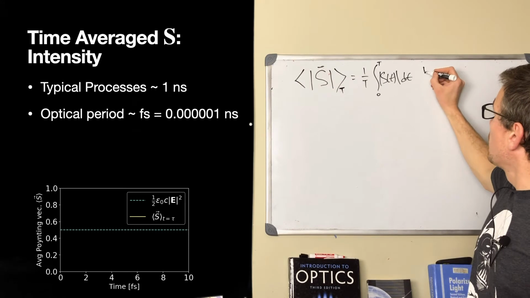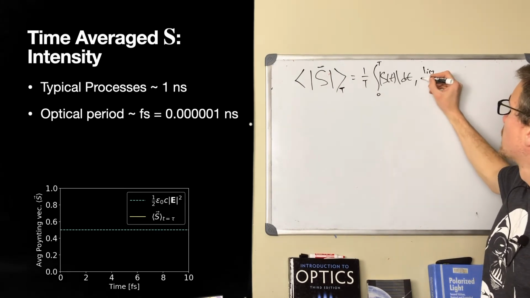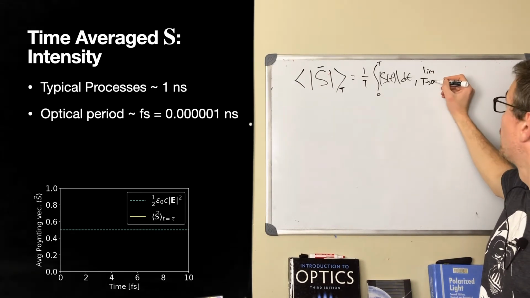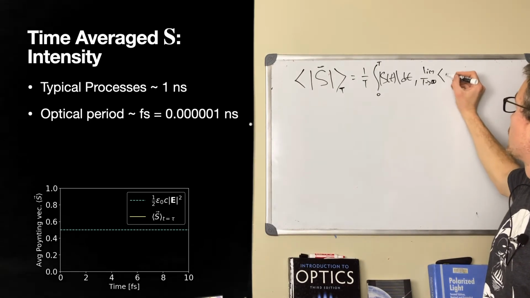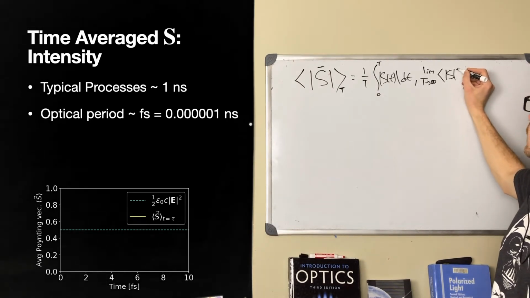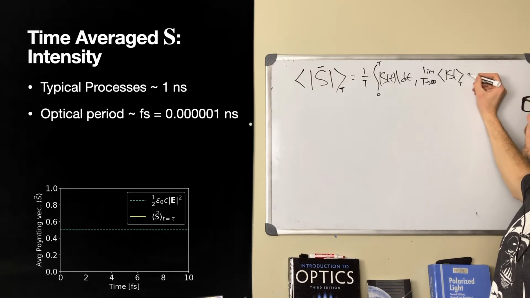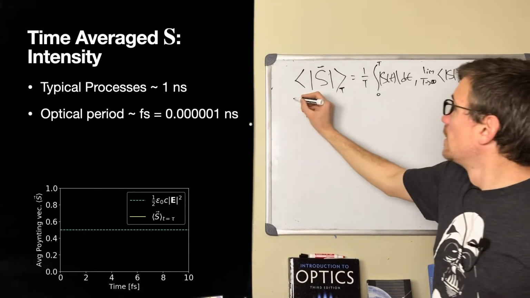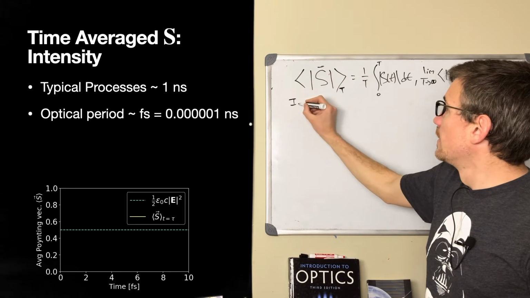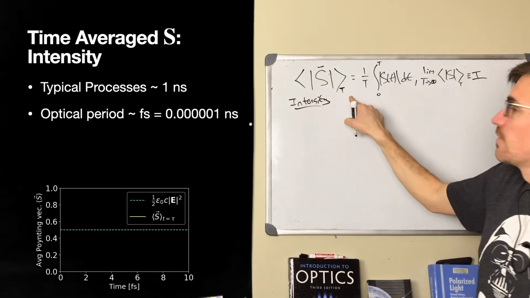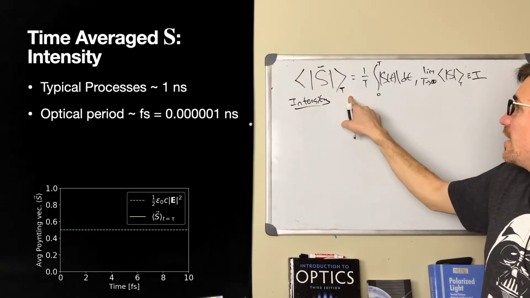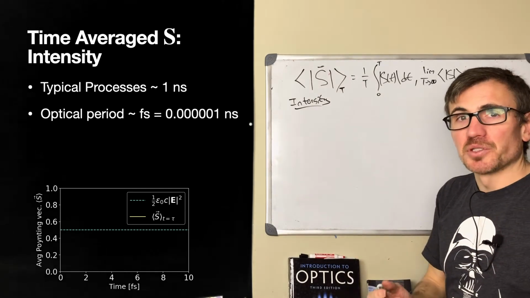And we're going to take the limit that the averaging time goes to infinity of this average Poynting vector, and we're going to give that a name, I. That's going to be the intensity. The intensity is the limit of the average Poynting vector as the averaging time goes to infinity.